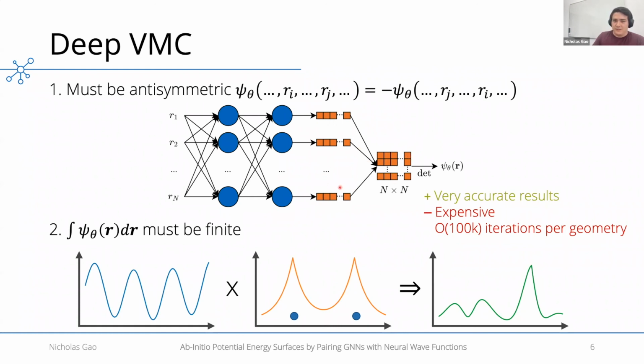We need the network to output vectors of the dimensionality of the number of electrons. So we must have a matrix with a fixed size of whatever hidden dimension times n. If this n would be something different for a different molecule, it doesn't straightforwardly apply. And then again, concatenate these and take a determinant.